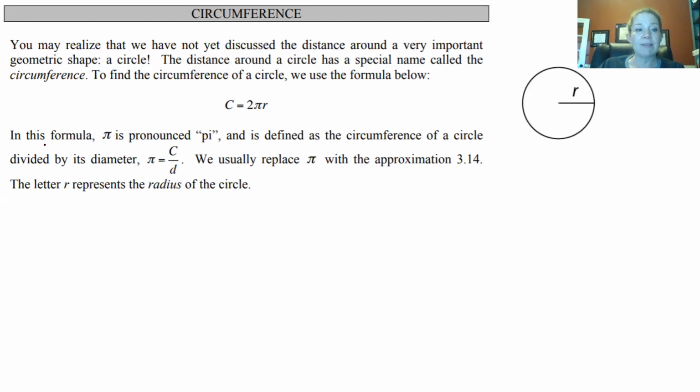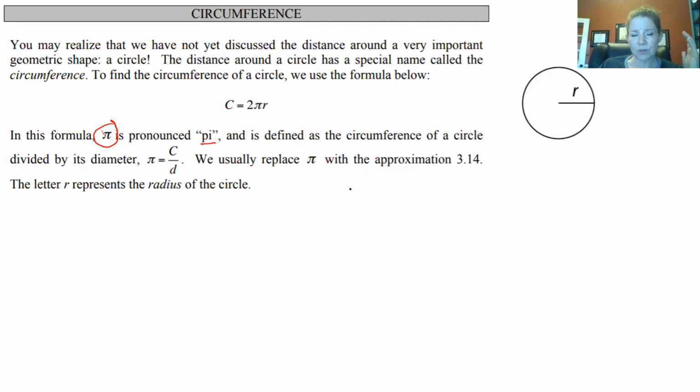And in this formula, this geometric symbol, a Greek letter, is pronounced pi, and is defined as the circumference of a circle divided by its diameter. So that's where the number pi comes from.